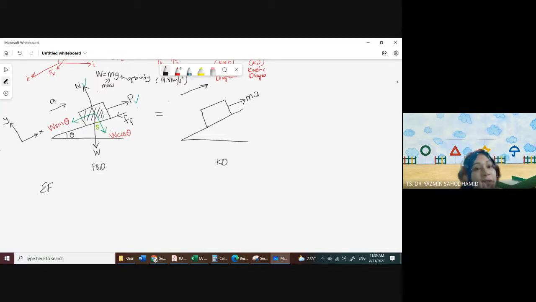Let's write the equation together. So sum of Fx, positive in that direction, equals to max. So in that direction, can you tell me what the equation is in the Fx direction?